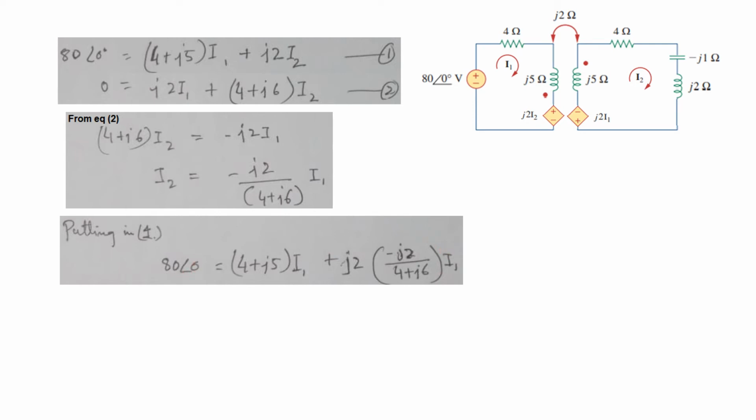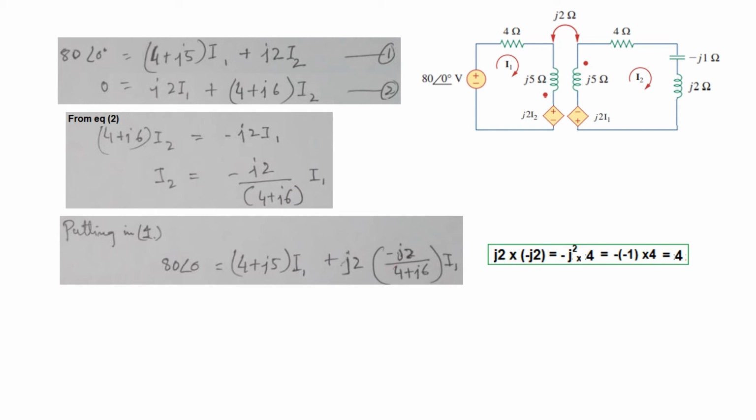V over I1 is what we want, so we take I1 common from the right hand side. And one more thing I'll try to explain here. Some of you might still be confused about the multiplication with j. So look here, this is j2 multiplied by minus j2.